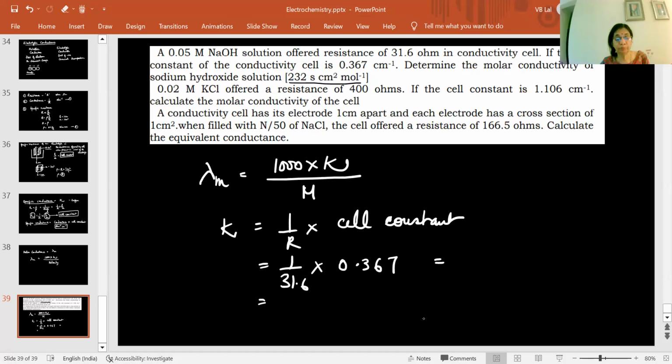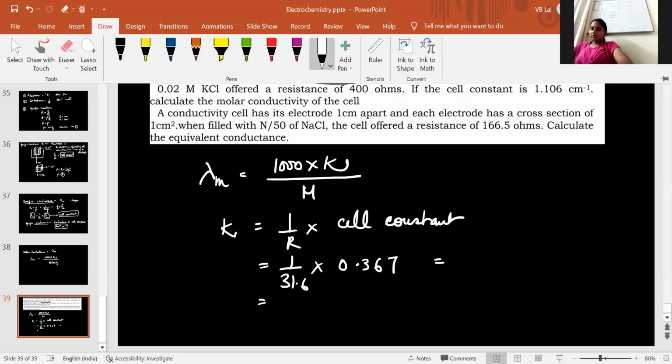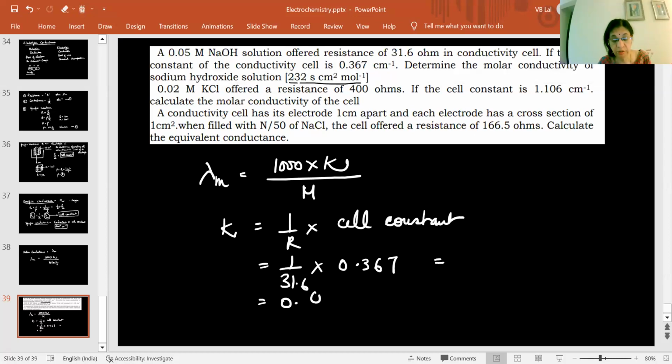What is the value of kappa you got? 0.012, isn't it? That's the value of kappa you got. 0.0116. So this is what you should get.